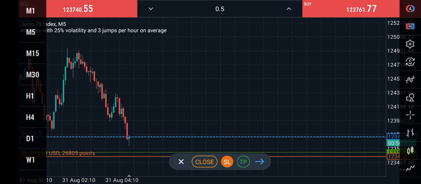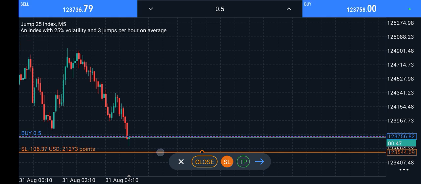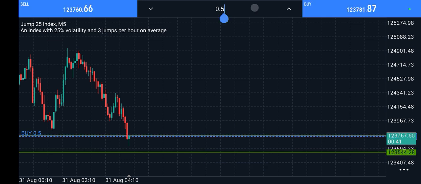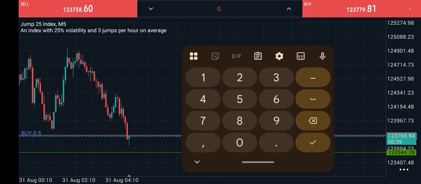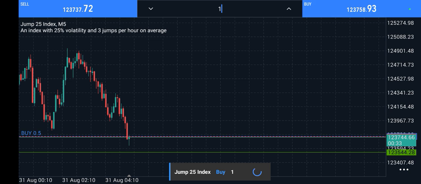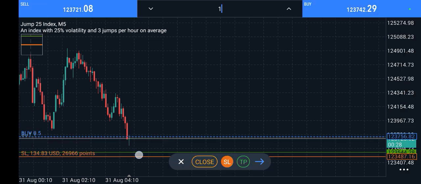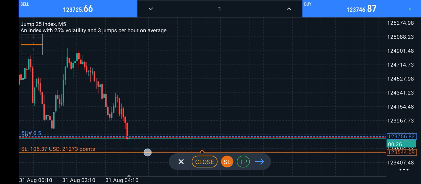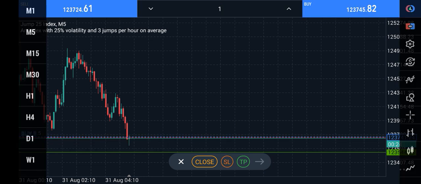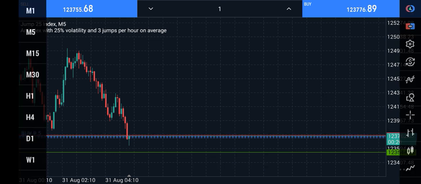Just make sure you're following. I have 106 US dollars here as my stop loss. So now when I change this lot, when I change this figure to another one, then I press the same buy, you see how much it is going to charge me.